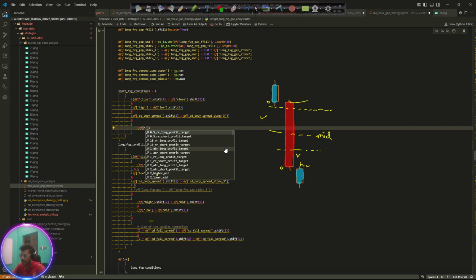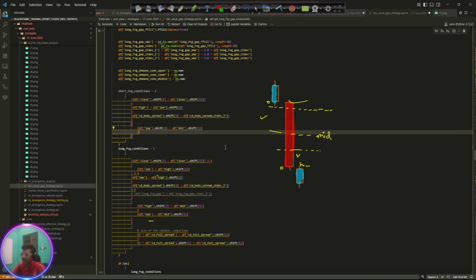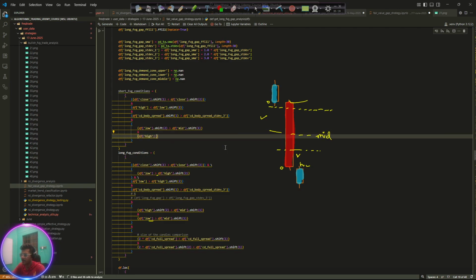And then low, you can look at it there, but the code is very self-explanatory. The low shift 2 is greater than mid shift 1, and high is less than mid dot shift 1.